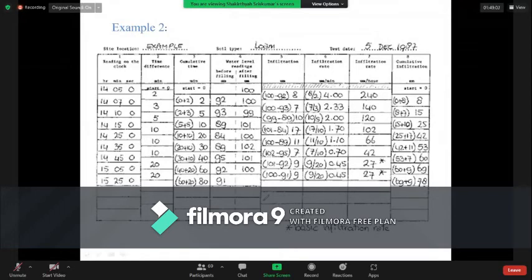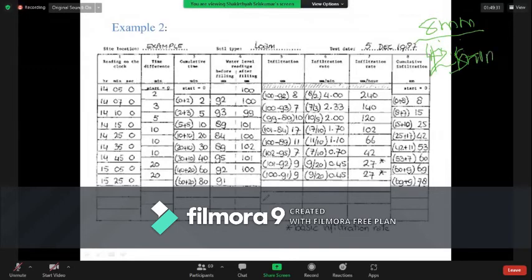Dividing by 60. Yes, divided by 60. So now it's 4 millimeter. How can they get 8 millimeter over 2 minutes?